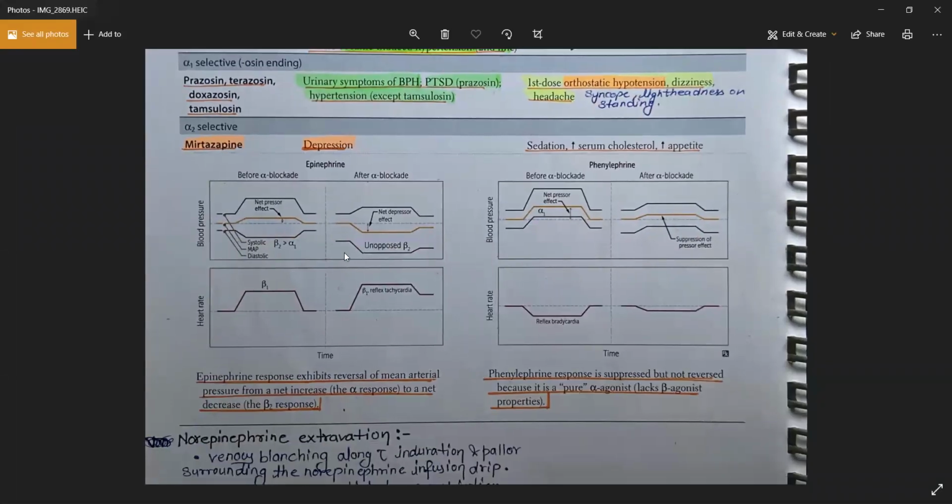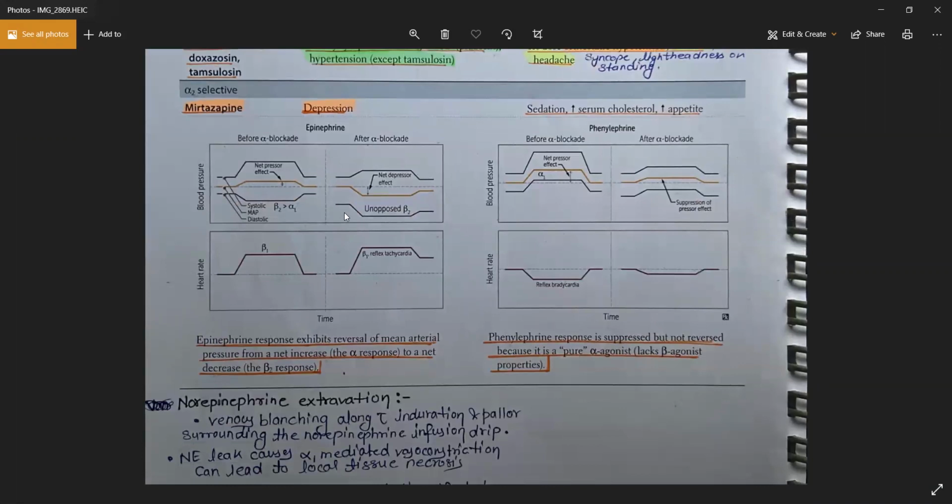Now the case of epinephrine and phenylephrine before the alpha blockade and after the alpha blockade. Before the alpha blockade, we already know that epinephrine can stimulate alpha 1, alpha 2, beta 1, and beta 2, and you will get a predominant beta 2 effect over the alpha 1 effect. This is the normal scenario we have discussed already. What happens if you block the alpha receptors? Now you get the unopposed beta action.